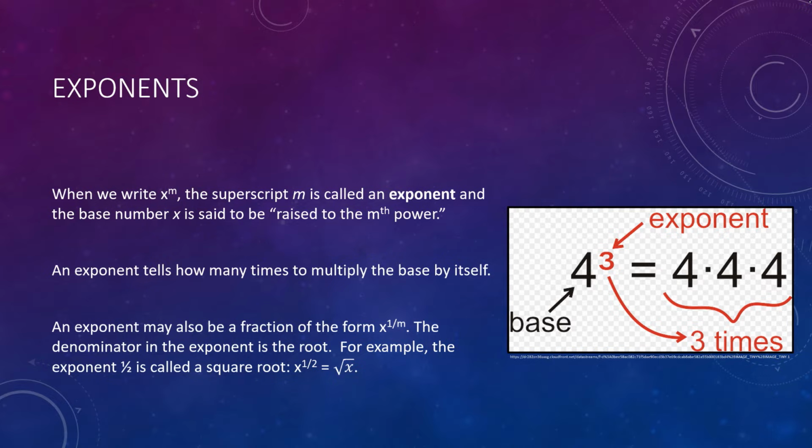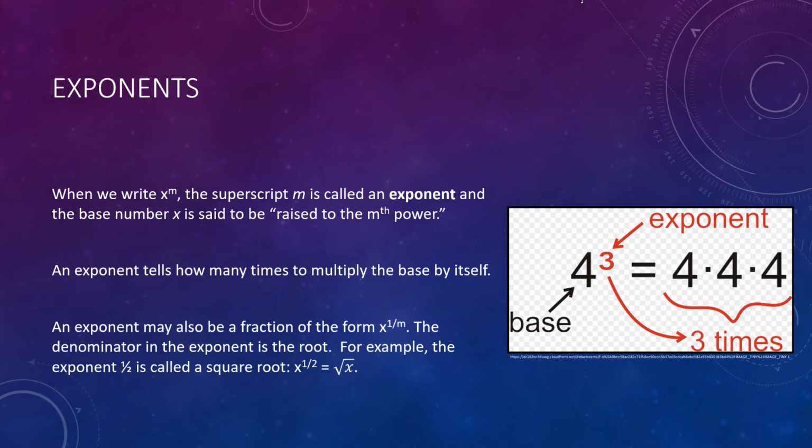In the example on the right, we would say the base number 4 is raised to the third power, because the exponent is a 3. The exponent itself defines how many times you're going to multiply the base number by itself. Again, using the example on the right, an exponent of 3 indicates that we're going to multiply 4 by itself 3 times. In other words, 4 times 4 times 4.